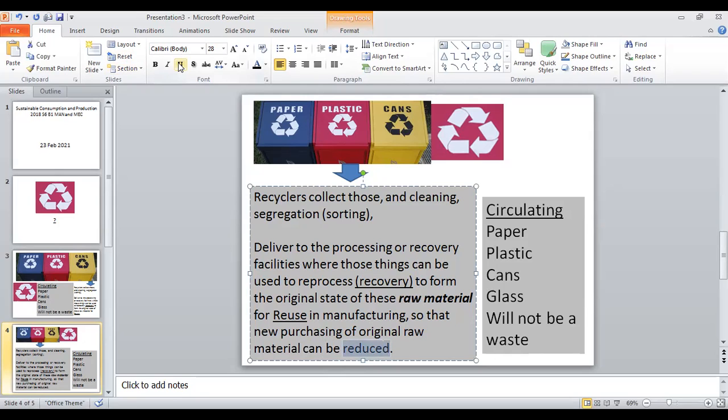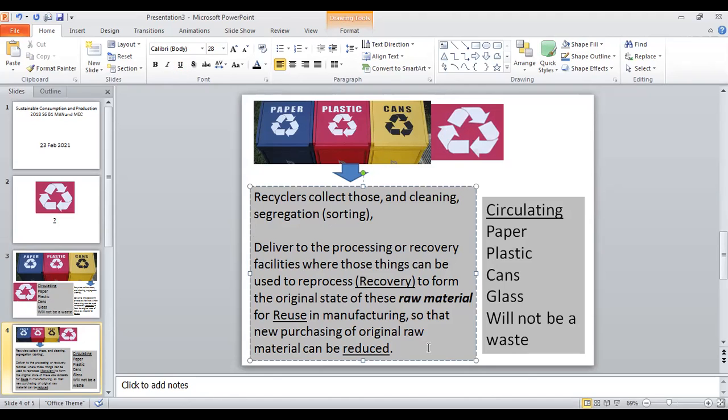The word reduce. So see, reduce comes finally. So reuse for reduction, and recovery for reuse. So these 3 R's, there is a name.